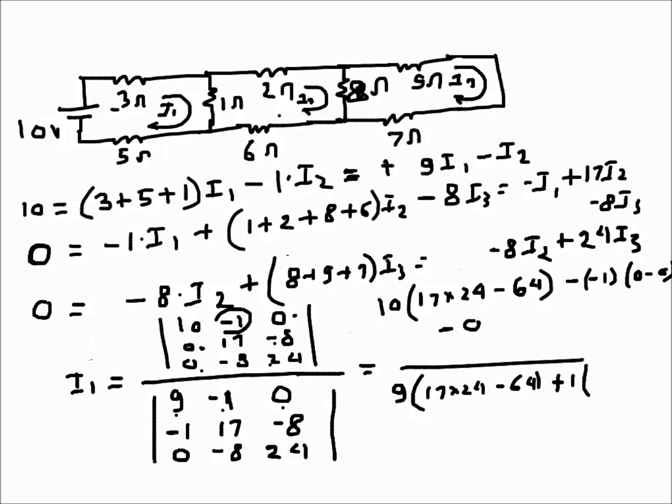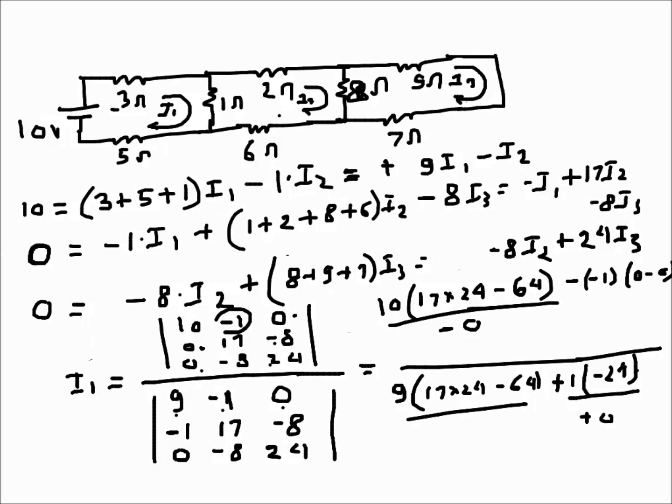Then 24 into minus 1 is minus 24, and minus 8 into 0 is 0, and the third one is 0. So here only these two terms remain. I won't do the solution, I will leave it here. On the numerator it is just this term because everything else is 0, and if we solve it we will get the current I1.